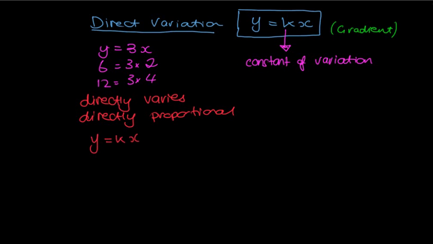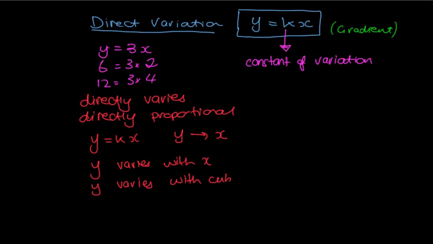Now, in all our statements, the question will read, y varies with x, or y varies as x. I often draw this little tool because it helps me remember that y varies with x. But sometimes they might say things like y varies with the cube of x.